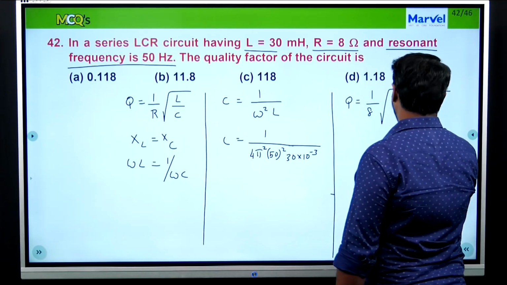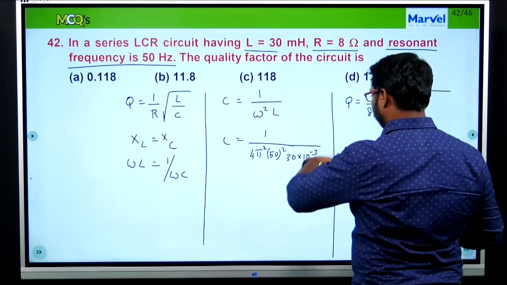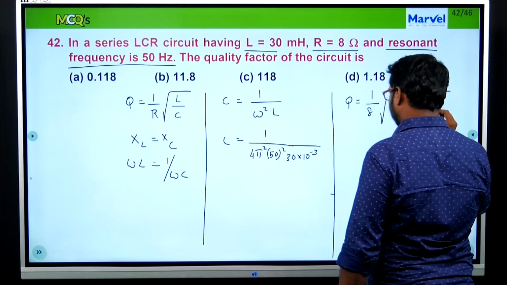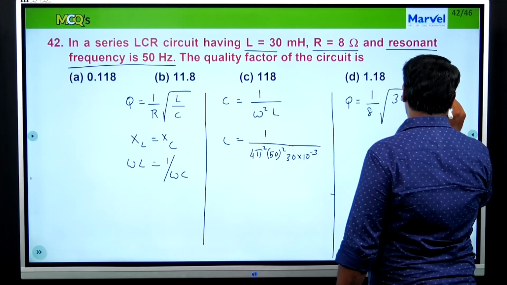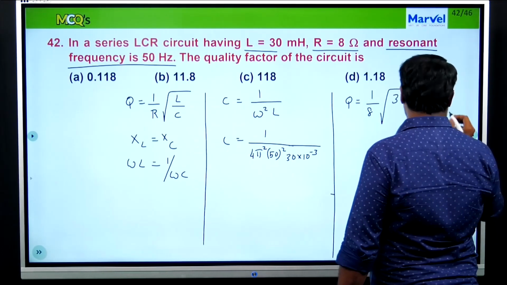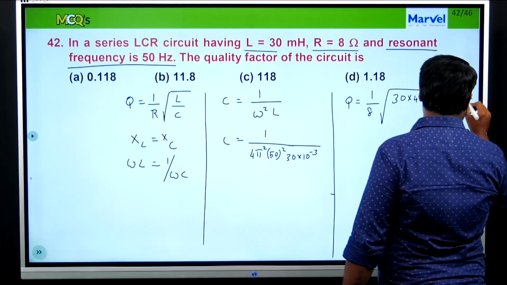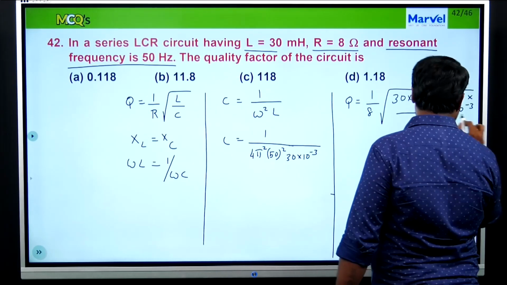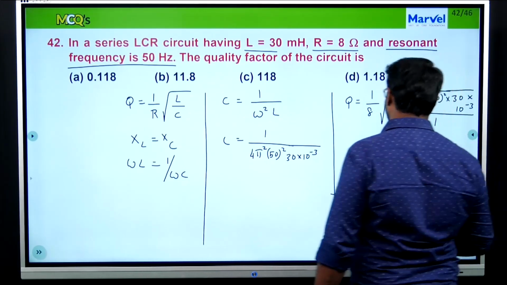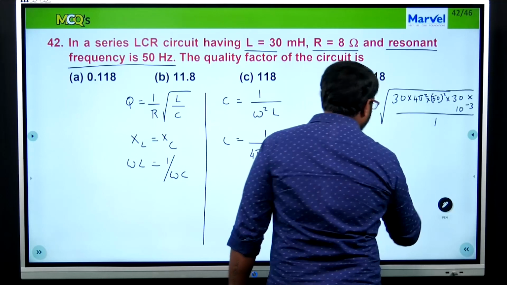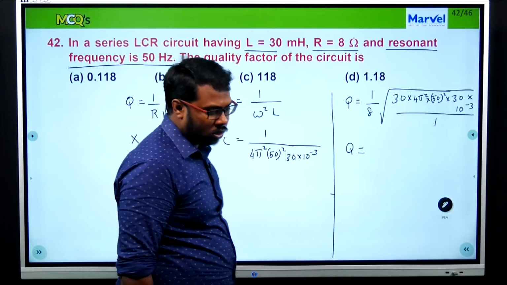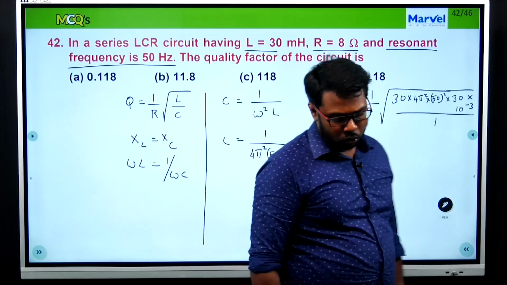L is given as 30 into 10 power minus 3, and 1 by C, so all the other things will go up, into 4 pi squared into 50 squared into 30 into 10 power minus 3. Everything goes over there, divided by 1. So if you reduce everything inside the root, we directly move to the answer.